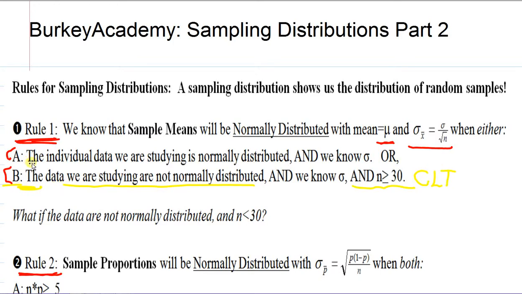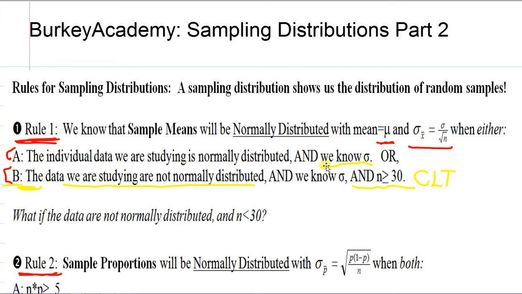A says, well, if you're already studying a subject like IQ or height or weight or the length of pregnancies, if you're already studying something that's normally distributed, it doesn't matter what the sample size is. The sample size could be 1, and it's already normally distributed. A sample size of 2, still normally distributed. 100, still normally distributed. As long as you know the population standard deviation.